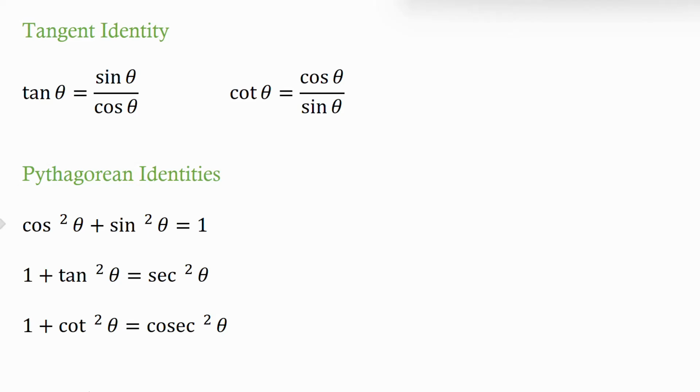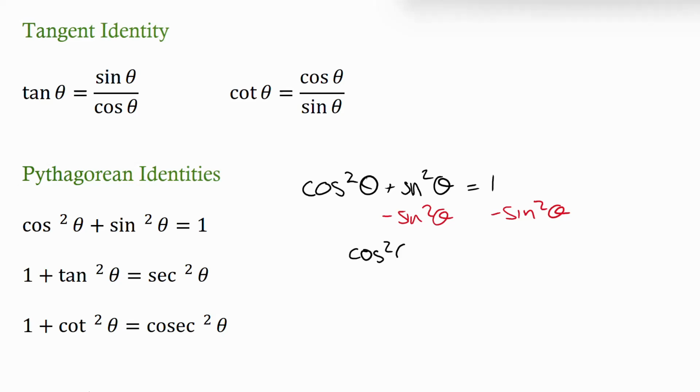Cos squared theta plus sine squared theta equals 1. I could go minus sine squared theta on both sides to get cos squared theta equals 1 minus sine squared theta. So you can rearrange these to get it to a form that is usable for whatever the question is.